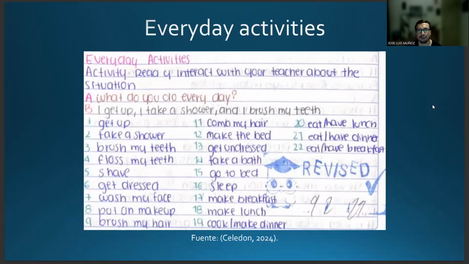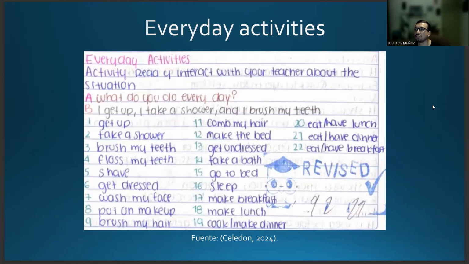Everyday activities. We could say here in this slide we have the most useful everyday activities that you could know, that you could use.